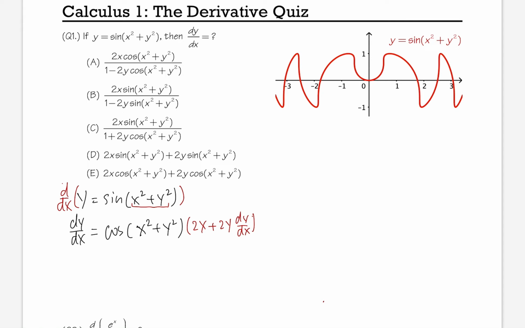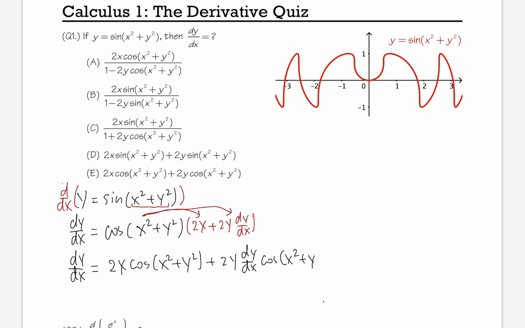Okay, then notice we have dy/dx here and dy/dx here. To isolate that, we will have to put them on one side. But for this, we will have to distribute the cosine of x squared plus y squared first. So we are looking at dy/dx equals 2x times cosine of x squared plus y squared, and then we add 2y dy/dx times cosine of x squared plus y squared.